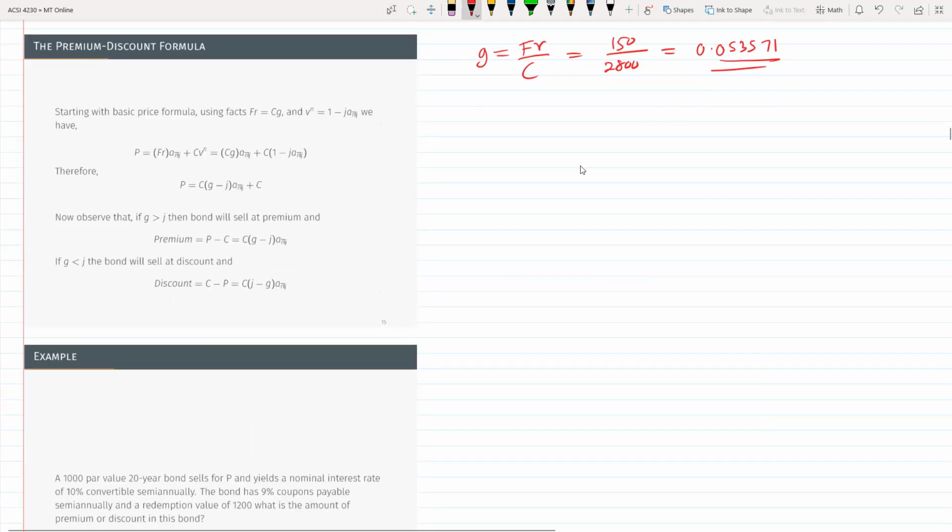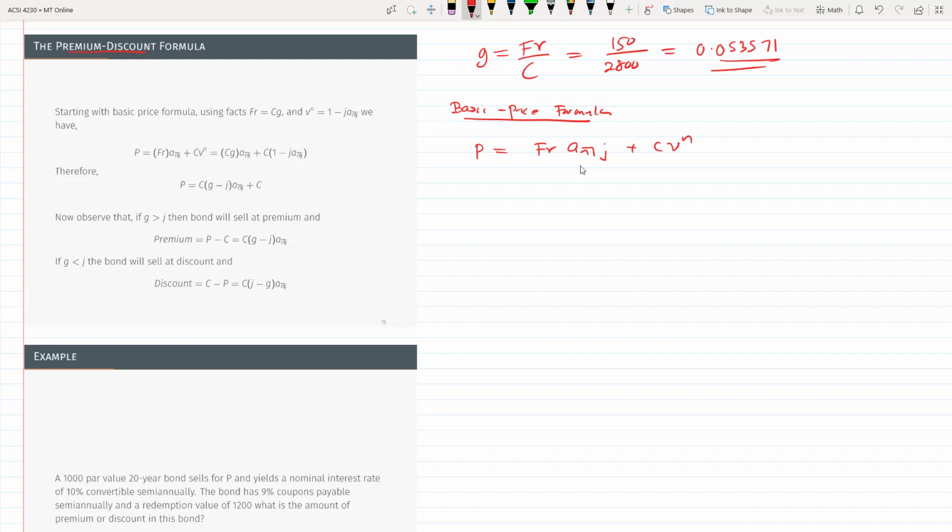Okay, so now we are going to introduce the second formula, the premium discount formula. So we start with the basic price formula. So what's the basic price formula? You have P equals Fr a_n|j plus C v^n.